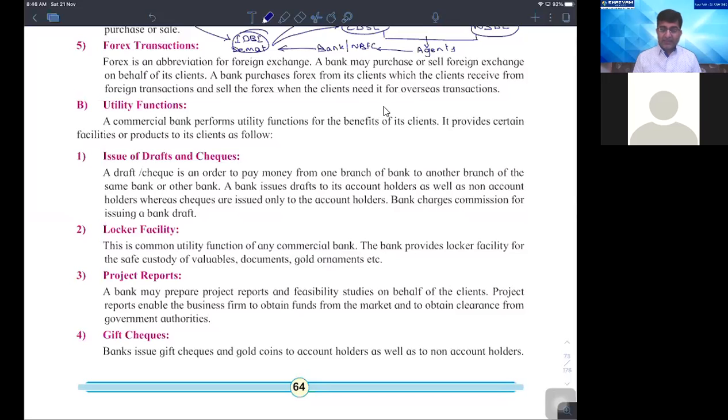Forex is an abbreviation for foreign exchange. A bank may purchase or sell the foreign exchange on behalf of its clients. A bank purchases forex from its clients, which the clients receive from foreign transactions, and sells the forex when the clients need it for overseas transactions.